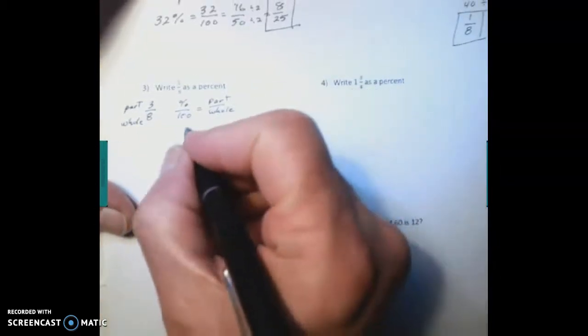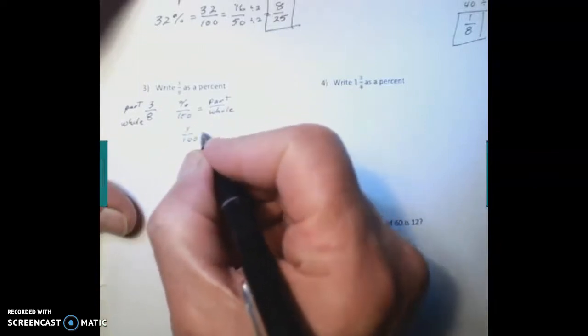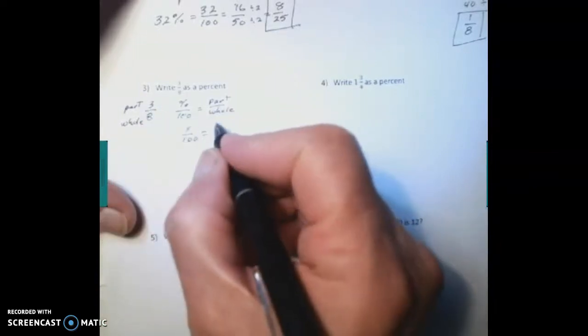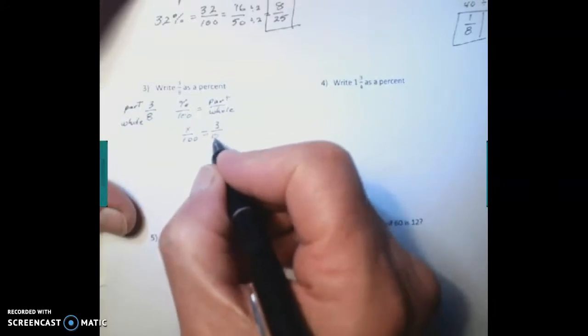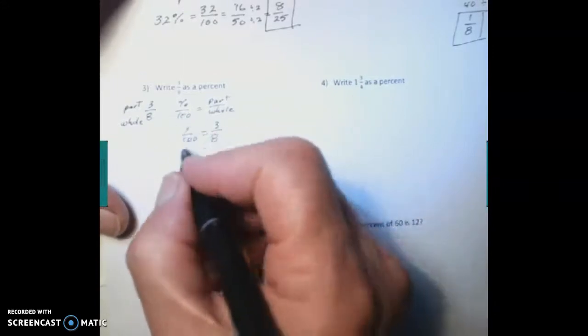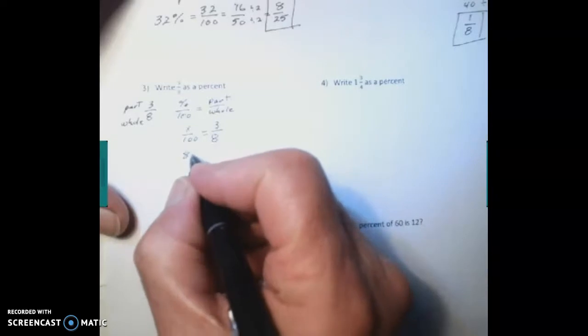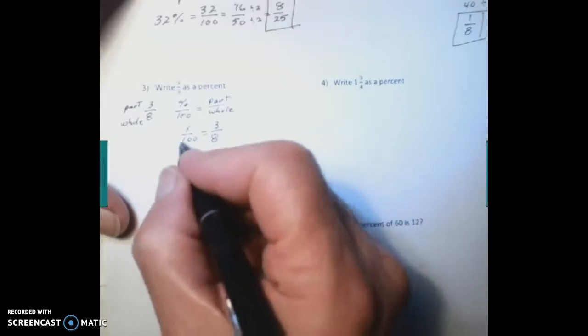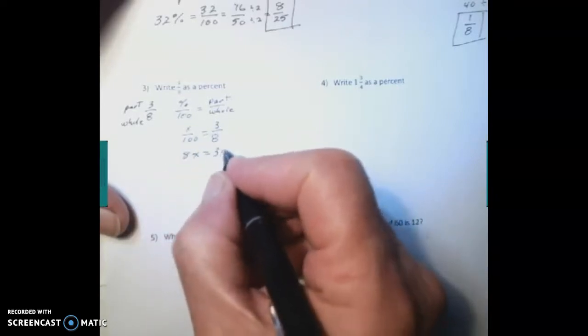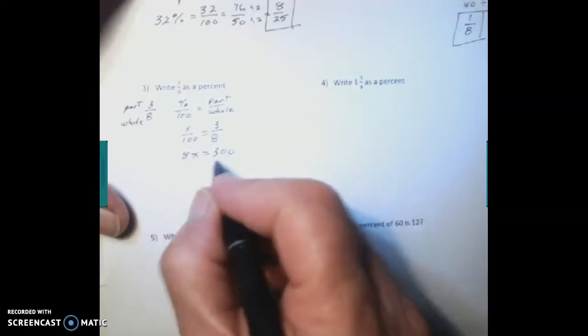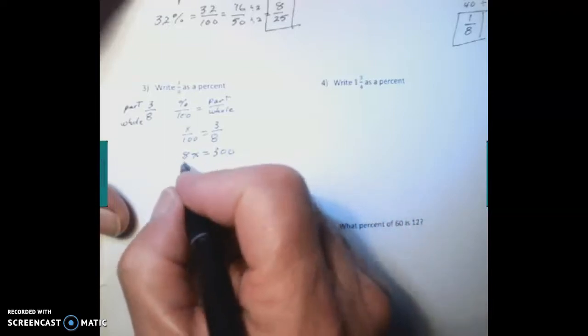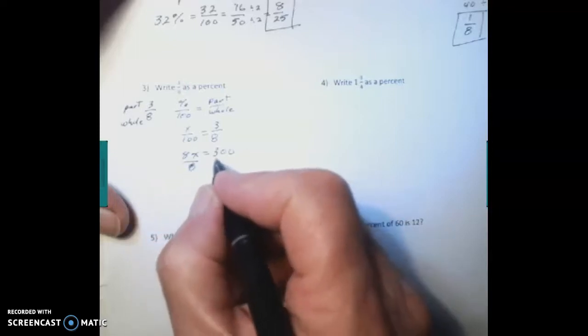It would be x over 100, since we're looking for the percent, and our part is 3, our whole amount is 8. Cross multiply, you get 8x is equal to 3 times 100, which is 300. To solve this equation, you need to get the x by itself. You divide by 8.